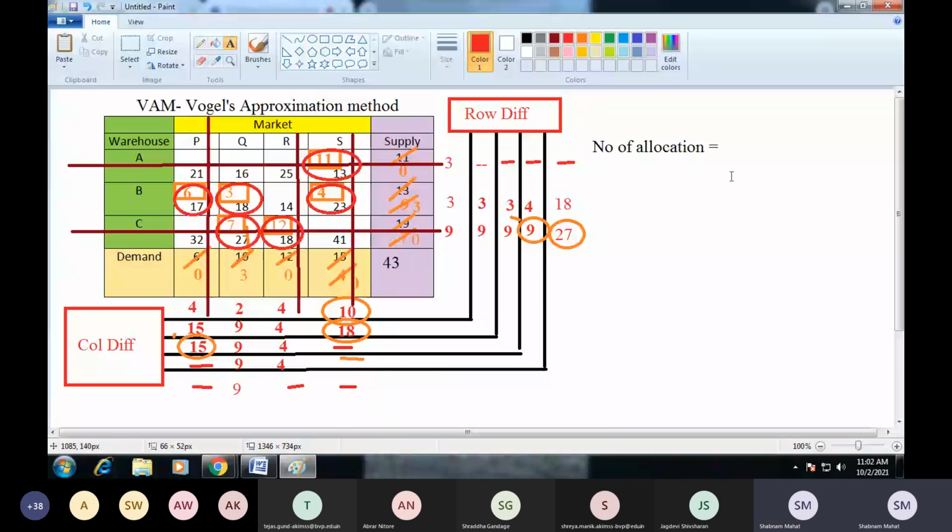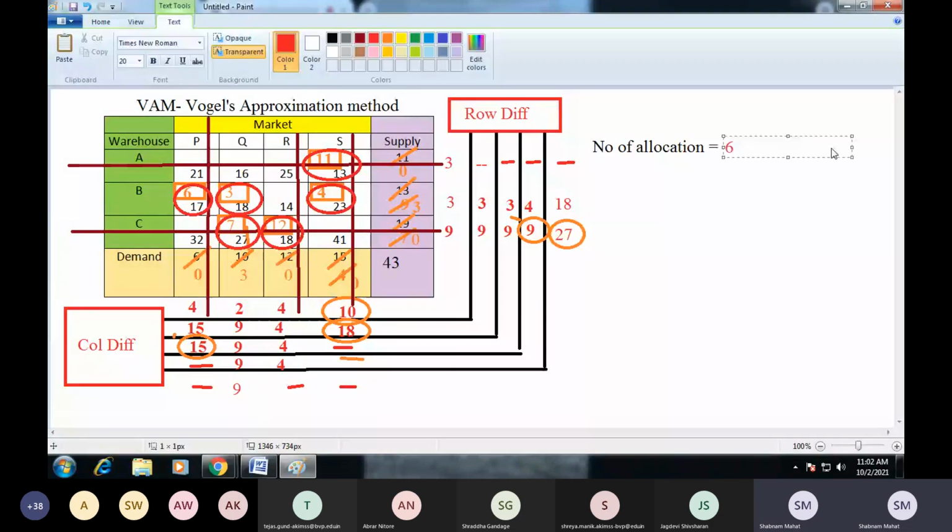Okay, now next task, find m plus n minus 1. So what is m? M is equal to your rows and n is equal to your columns. So what is your m? Let's see how many m there are here.